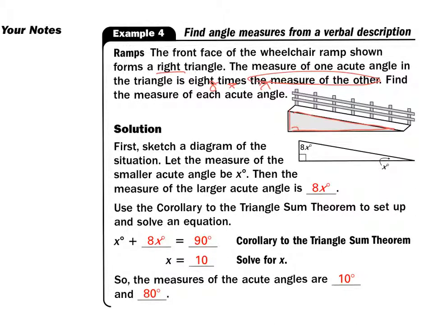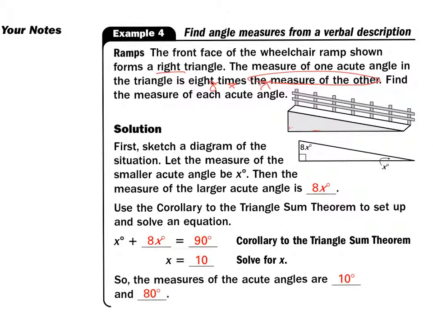Find the measure of each acute angle. So I have to find the measure of both acute angles. Now, if I let this angle here equal x degrees, my other acute angle would be 8x, right? And let me erase those unnecessary marks.